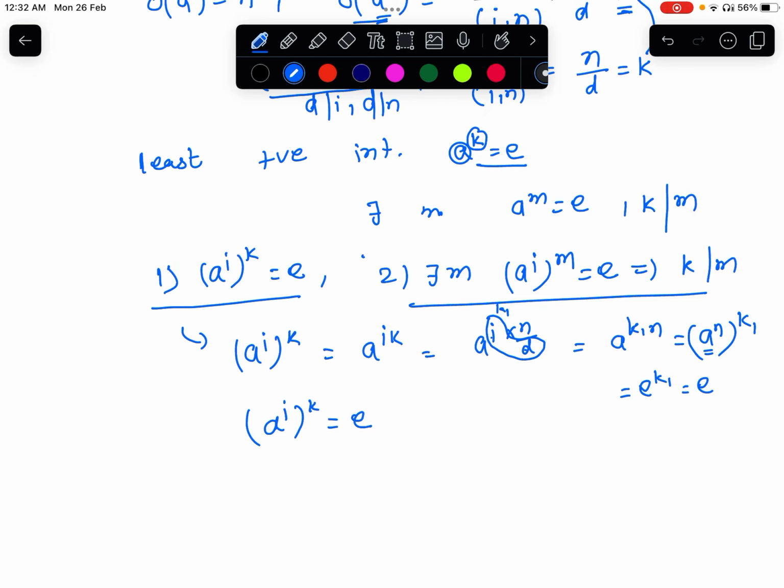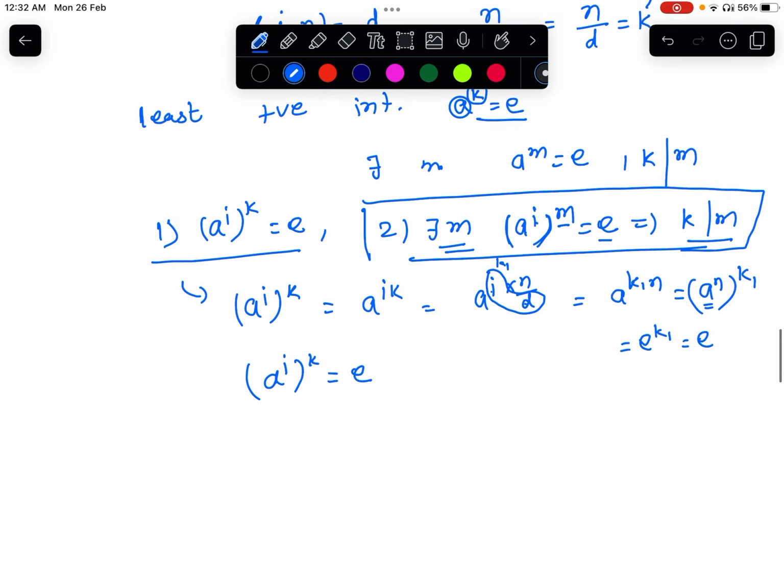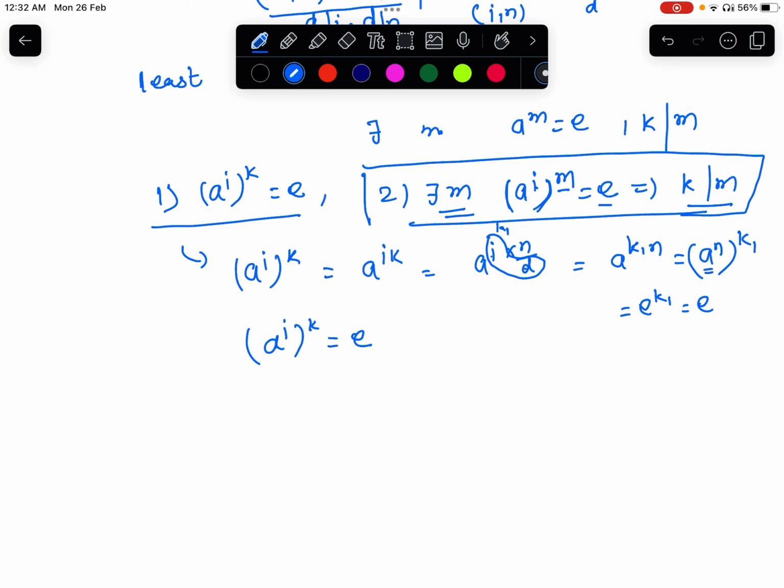Now we have to prove the second thing. That is, if there exists an m such that a^I to the power m is equal to identity, then k divides m. Let us suppose that there exists an m such that a^I to the power m is equal to identity. That means a to the power I m is equal to identity.